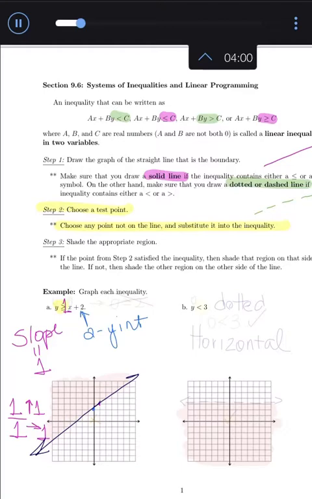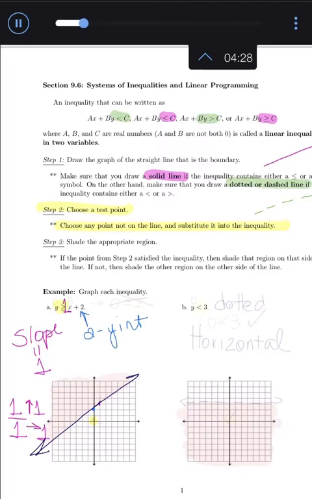So to figure out which side of the graph you're actually going to shade, you need to pick a point to test. Well, let's see. I'm going to pick the point 0, 0 because it's not on the line. See that 0, 0 is at the center of the graph? If 0, 0 does work, then we'll shade that side of the line. If not, we will shade the other side of the line. So how do we know if it works?